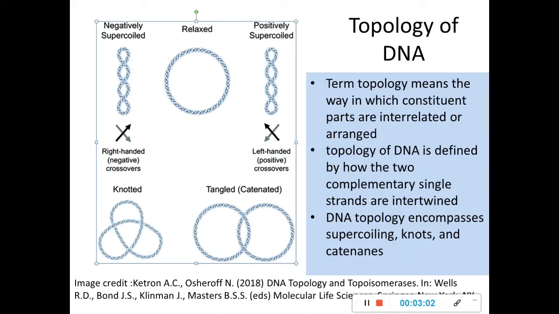Coming to the topology in detail. Now, DNA can occur in different forms, either covalently closed and in a relaxed form, as we are seeing here in the center. That is, you have the double helix entwined on each other in the relaxed state.